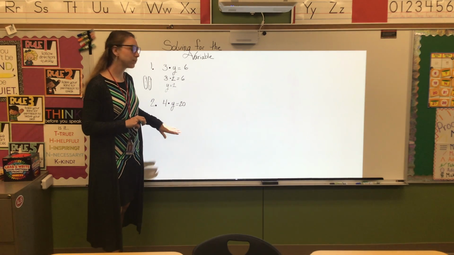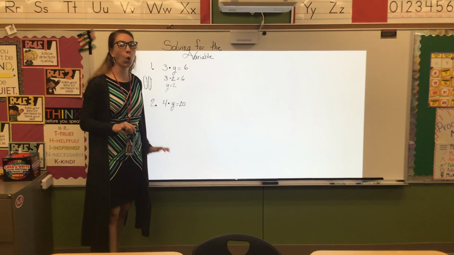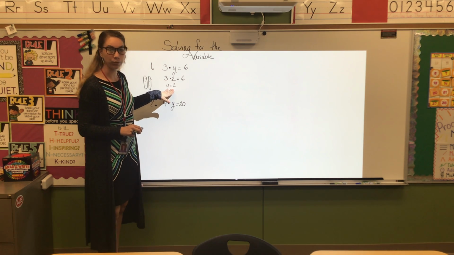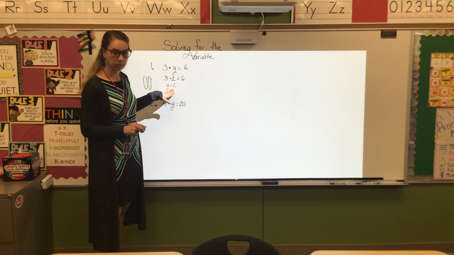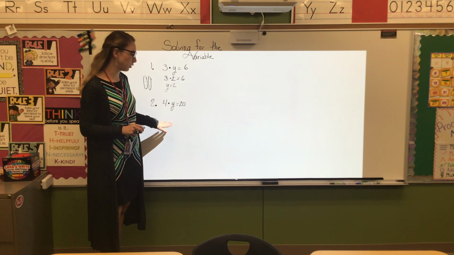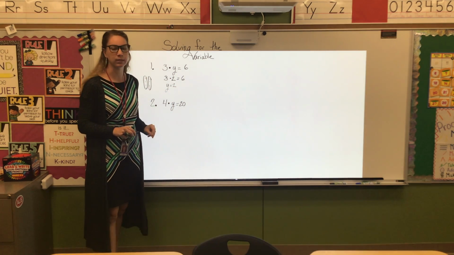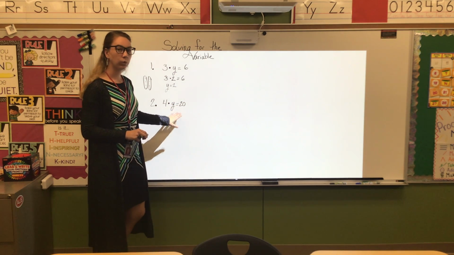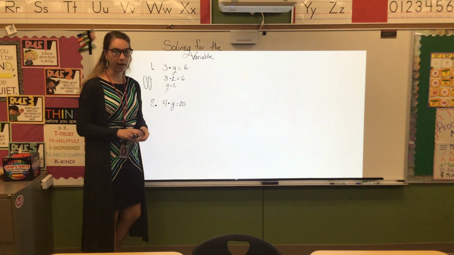Y in this problem is a whole brand new problem. Y does not still equal 2. It doesn't. Y cannot be 2 in this problem because 4 times 2 equals 8. So y is no longer 2. Y is standing in the place for something else.